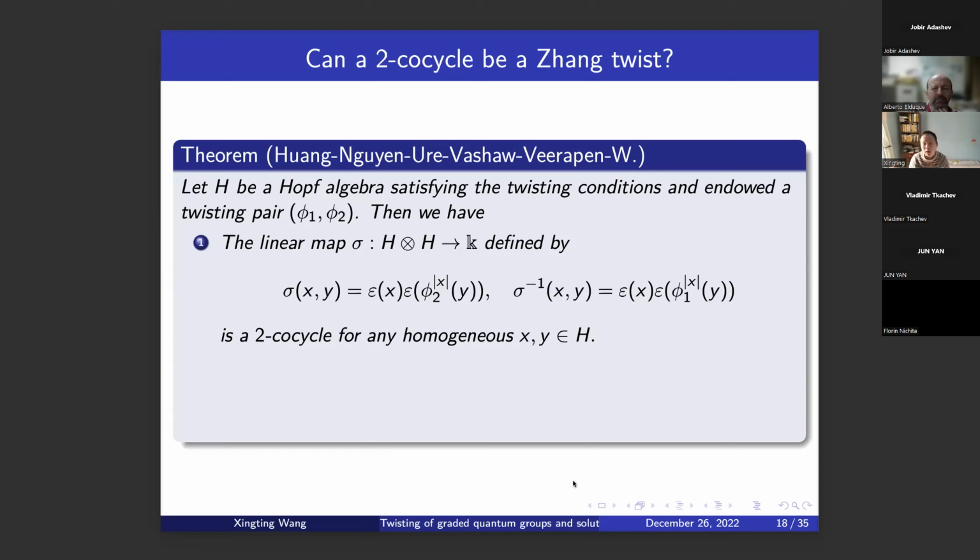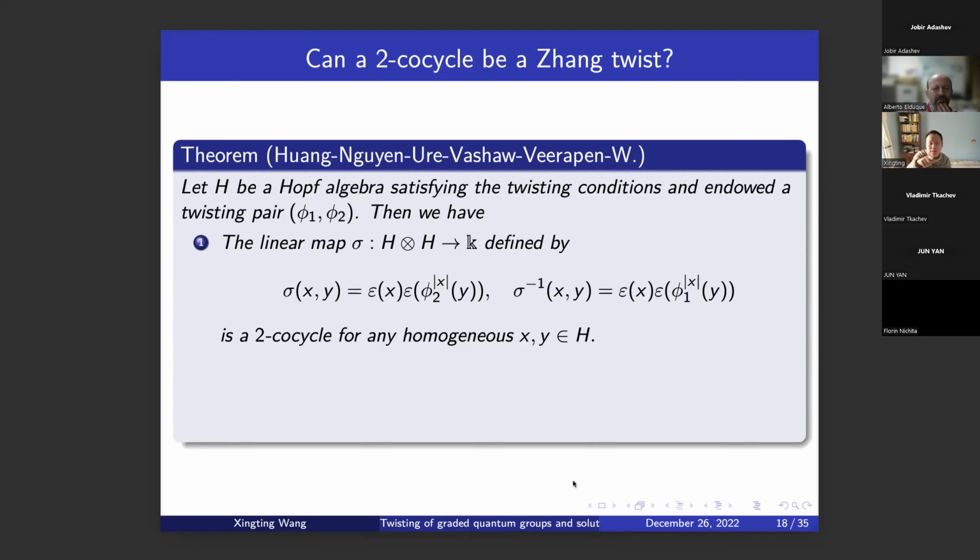Now you may ask why we need both phi 1 and phi 2, right? Because in the definition of a 2-cocycle twist, we require the 2-cocycle to have a convolution inverse. So phi 2 plays the role of sigma, and phi 1 actually defines the convolution inverse.